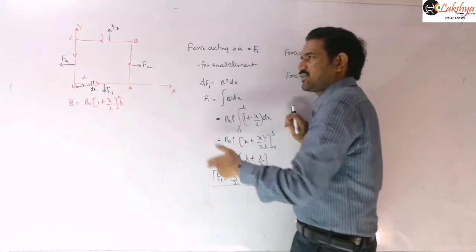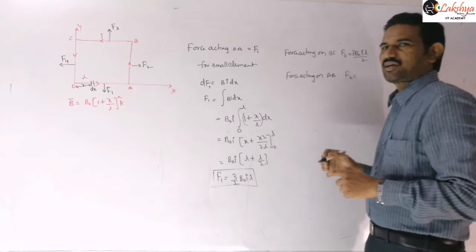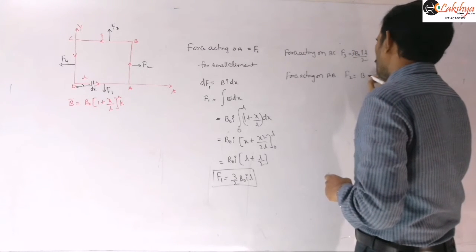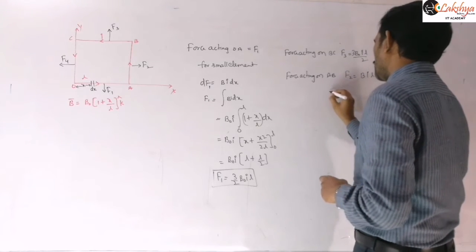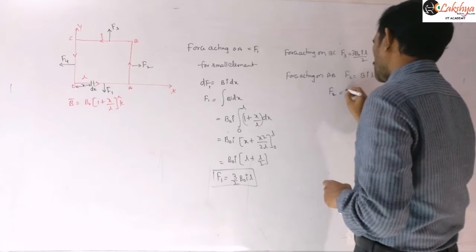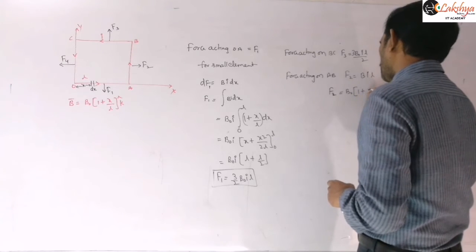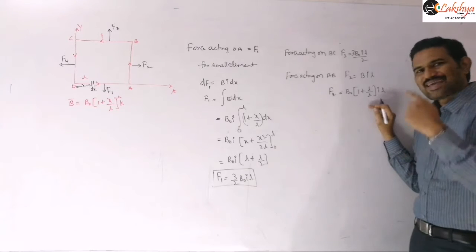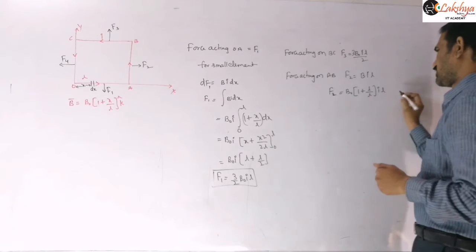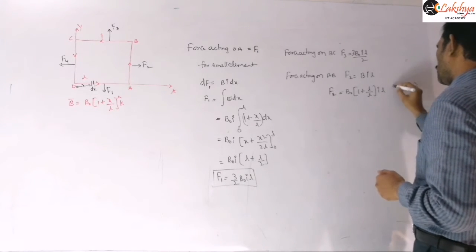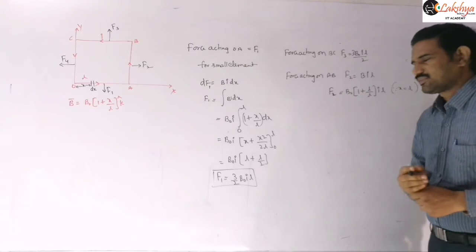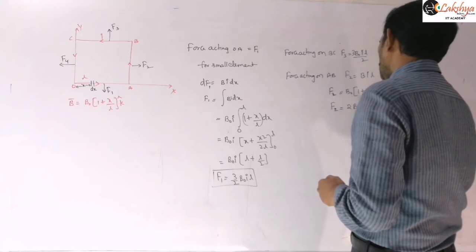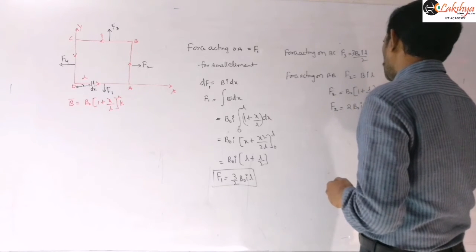And so the field acting on this AB wire will be a constant magnetic field, so we can write directly B into I into L. Therefore B is B naught into (1 plus L by L), into I into L. Is it clear? Because at that position x is equal to L for this AB wire. So F2 is equal to 2 B naught IL.